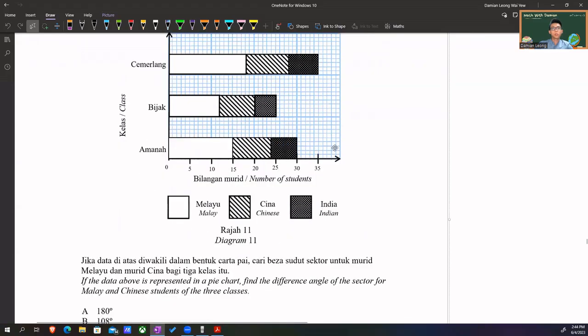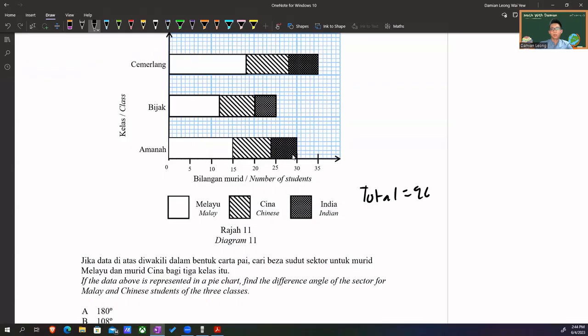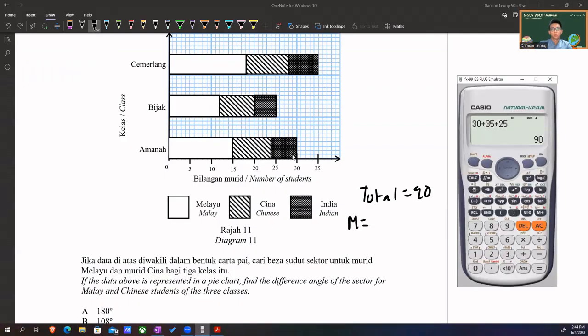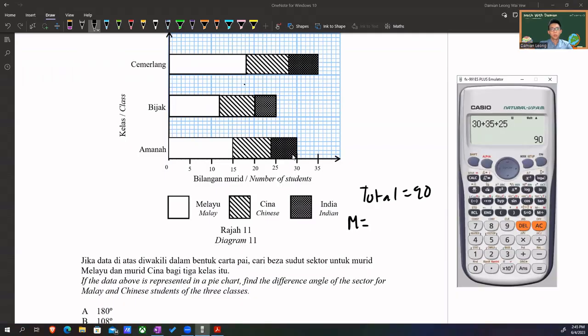Let's find the total number of students. 30, 35, 25. 30 plus 35 plus 25 is 90. So total 90 students. Total Malay students: here would be 18, 12, and 15. 18 plus 12 plus 15, 45.